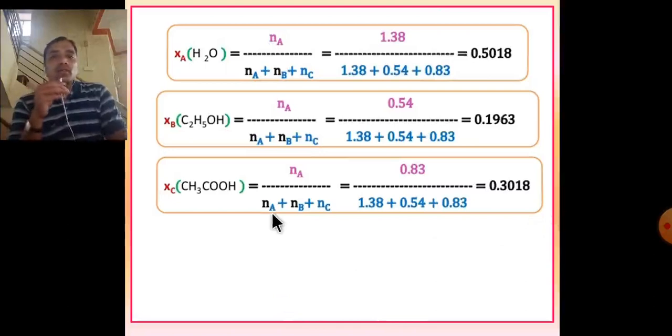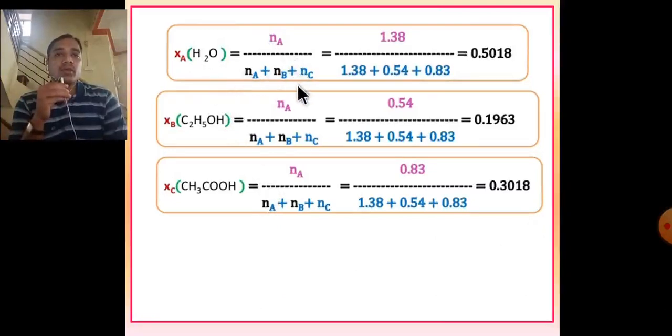From the calculation on the next slide, the mole fraction Xa for water is Na upon Na plus Nb plus Nc, which is 1.38 moles of water divided by 1.38 plus 0.54 plus 0.83, equal to 0.5018, with no unit.